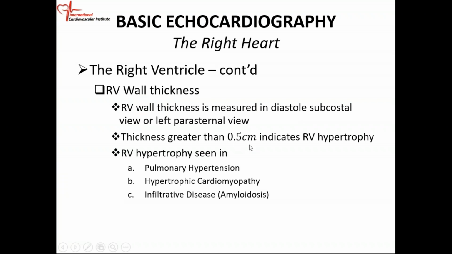So if it's greater than 0.5 centimeter, it suggests increased thickening of the RV. So you have RV hypertrophy, and it is mainly seen when you have pulmonic stenosis, hypertrophic cardiomyopathy, or infiltrative disease. So this should be pulmonic stenosis.